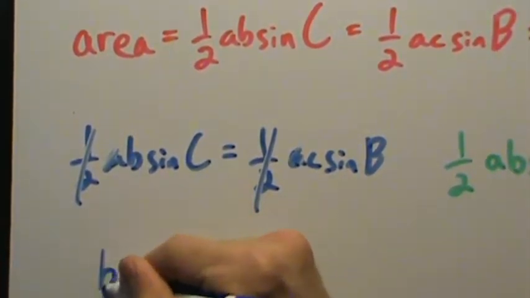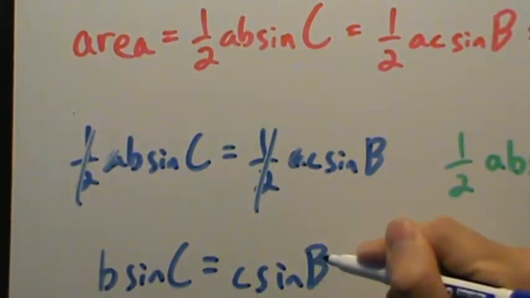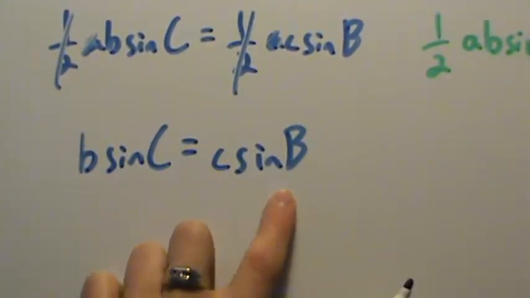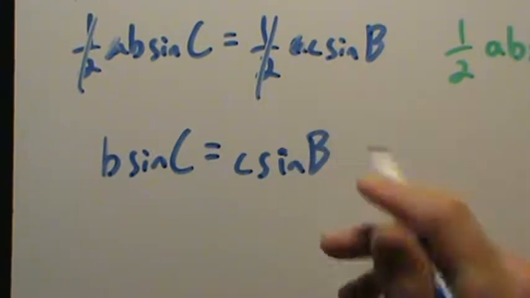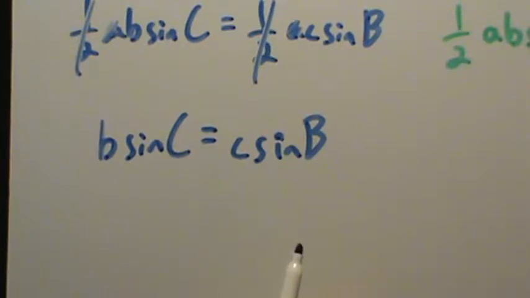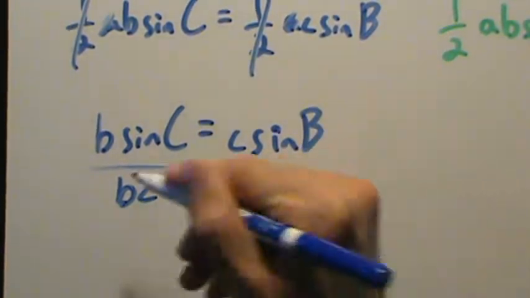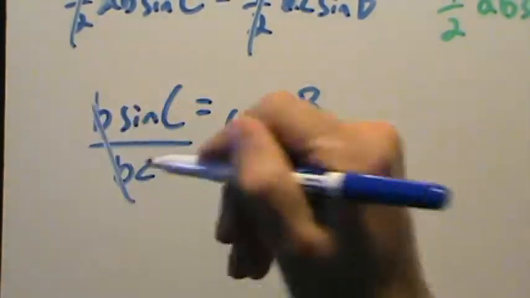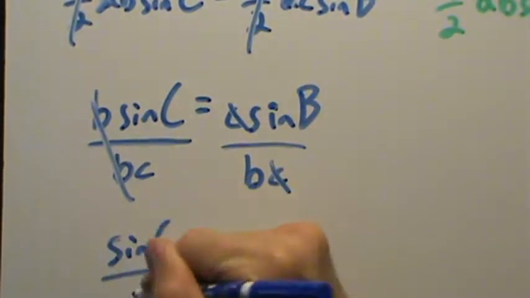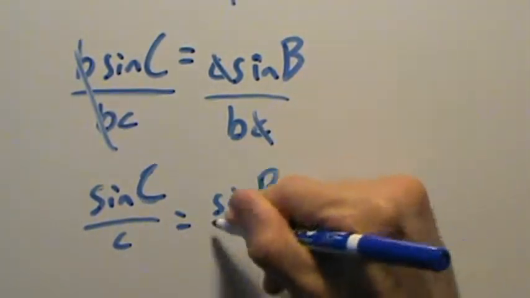What we're left with is b sine C equals c sine B. Little b sine of big C equals little c sine of big B. Now if we divide both sides by b and c, the b's cancel on one side, the c's cancel on the other, and we have sine C over little c equals sine B over little b.